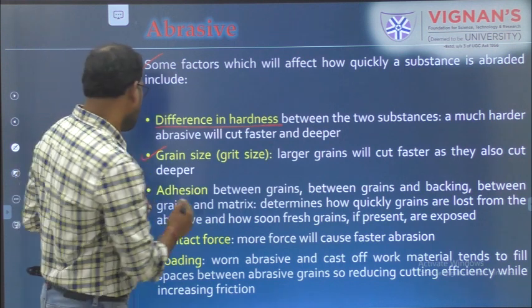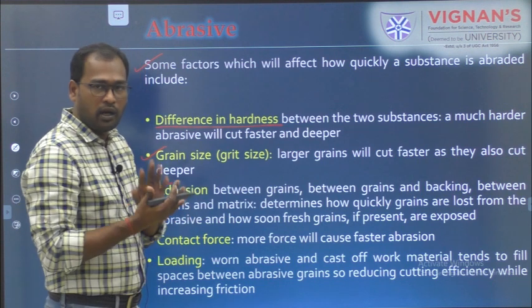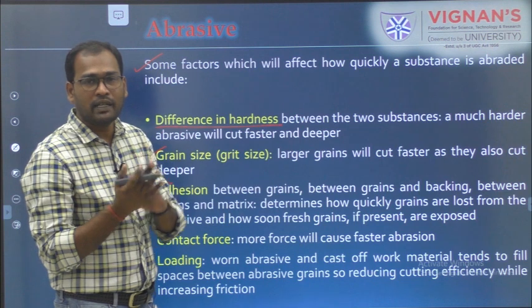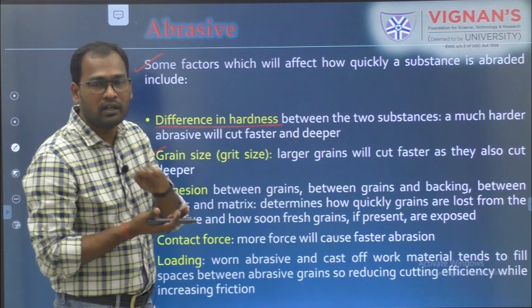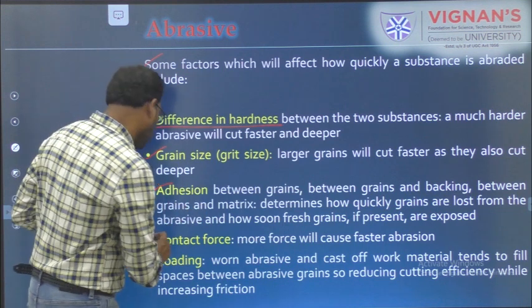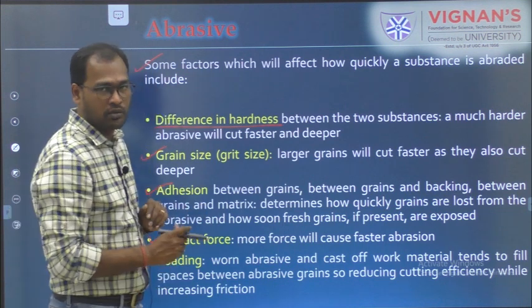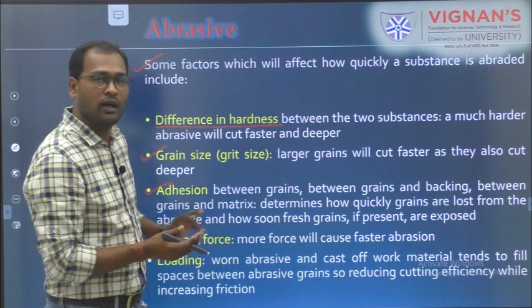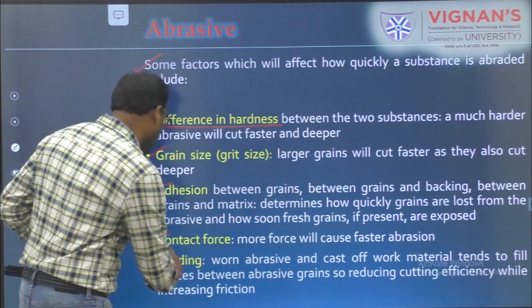And adhesion, how strongly it has been adhered to the matrix or to the glue, so that it stays there for a longer time, for different kinds of force. So this adhesion also plays a major role. And the contact force, how much force you are going to give to do the abrasive action, is also a main factor. And the last one is loading.